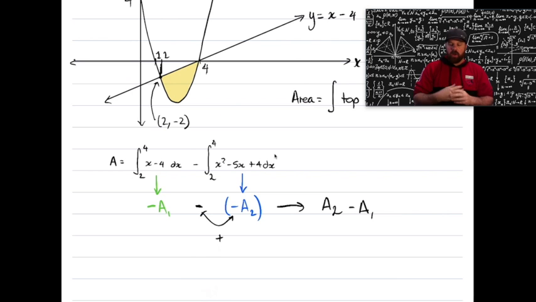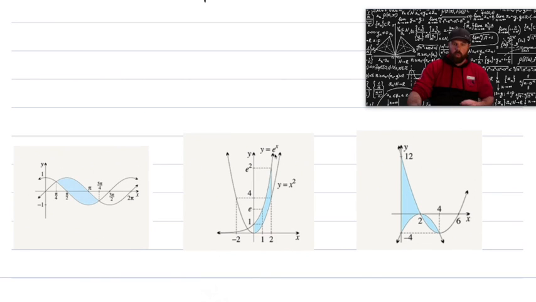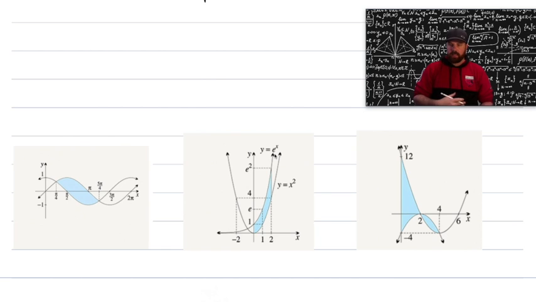No matter how these curves appear to us, no matter what their order, it is always going to be the top curve minus the bottom curve, whether it's part above, part below, all above, or all below. It is always going to be the top minus the bottom.